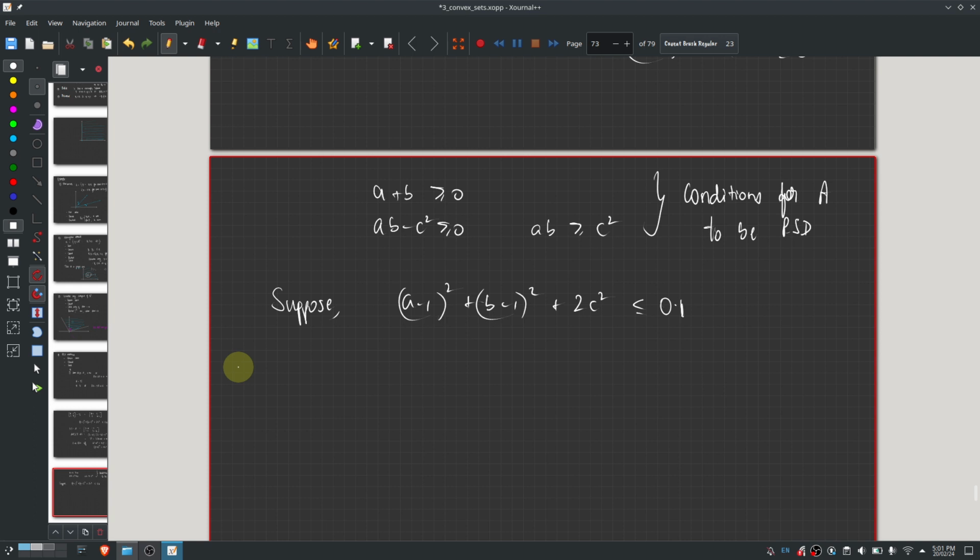Suppose I give you real numbers A, B, C such that this is satisfied. Does it mean that these conditions are also satisfied? Fine. So we know that this quantity is less than or equal to 0, but this quantity is also greater than or equal to 0.